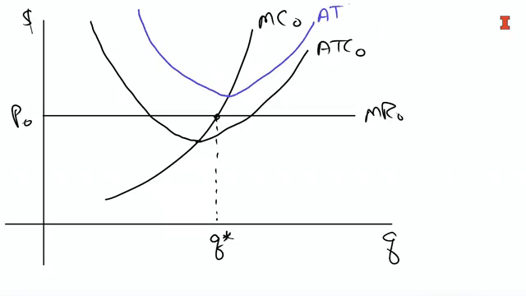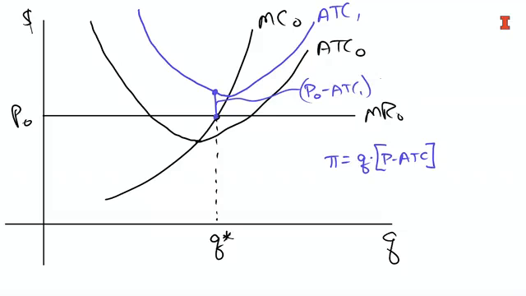We'll call this ATC1. And in this world now, we know that profits are equal to quantity times the per unit markup. Well, the output hasn't changed because we know Q star is where marginal revenue equals marginal cost. But now the per unit markup is price minus average total cost. This is P0 minus ATC1. And of course, that number happens to be negative now because price is less than average total cost.